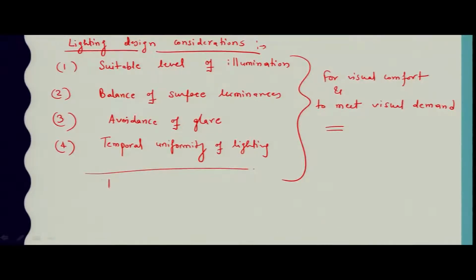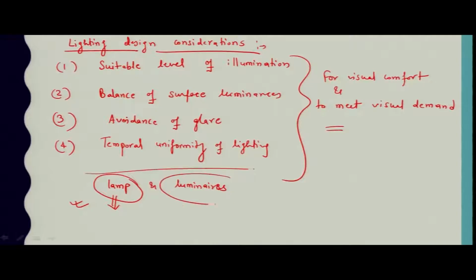The first is lamp and the second is luminaire. A lamp may be natural if you are working in sunlight, but it is mostly a single artificial source of light.